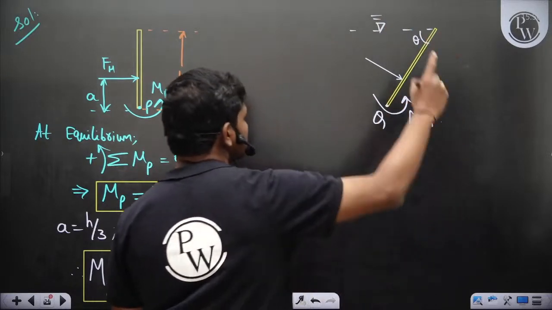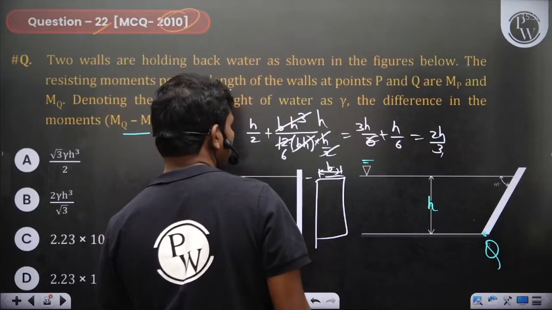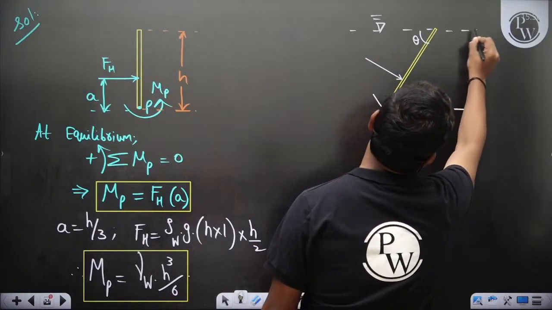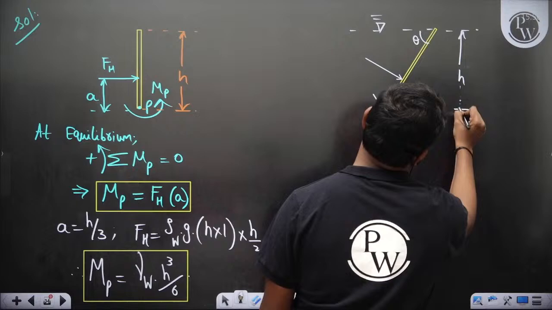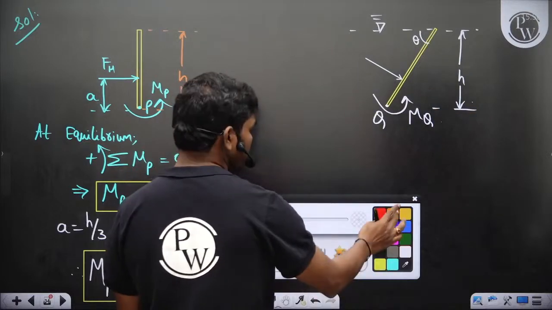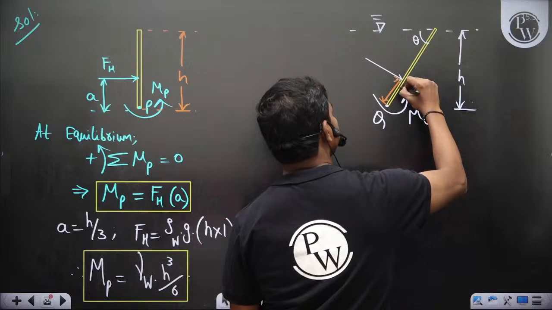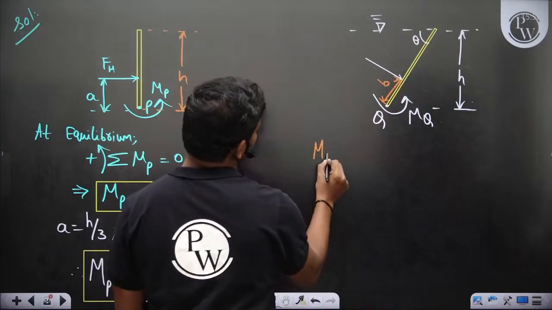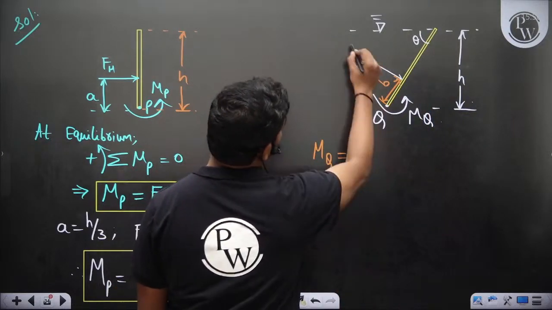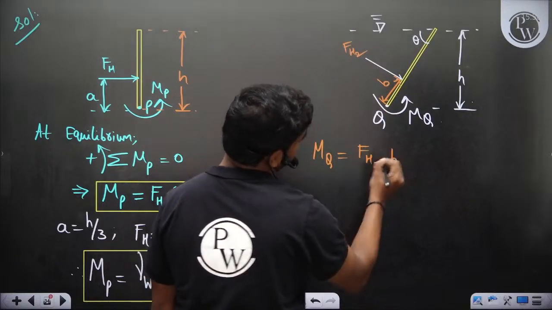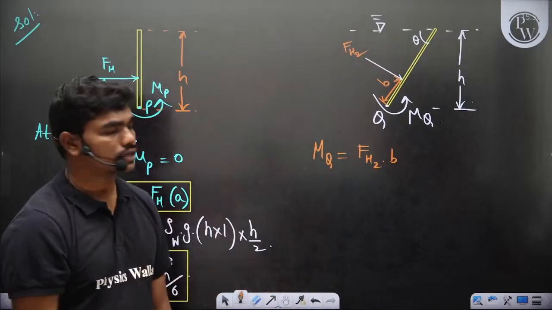This length is not known, but what is known? Height h is known. So this is h. Good. So again, M_Q is equal to, let's say if this length is B, M_Q is going to be F_H2 into B. Of course, again you apply the moments and you would get these reactions.